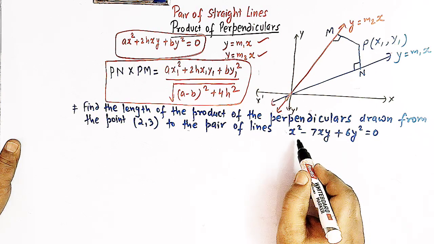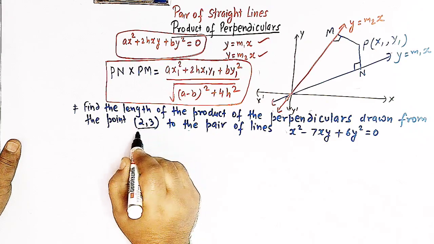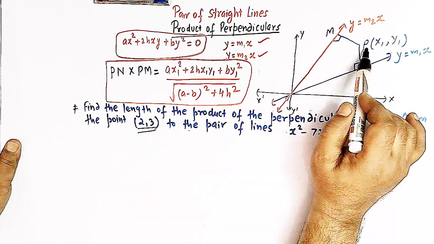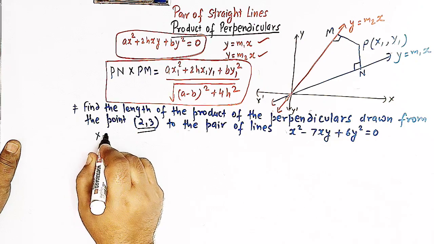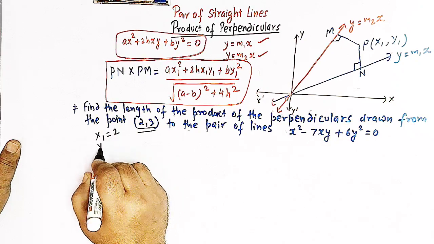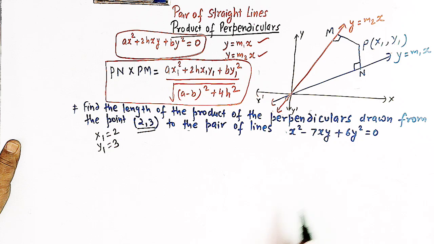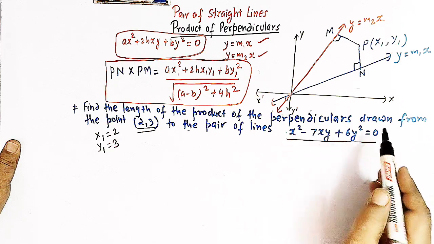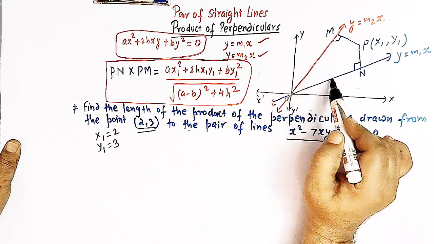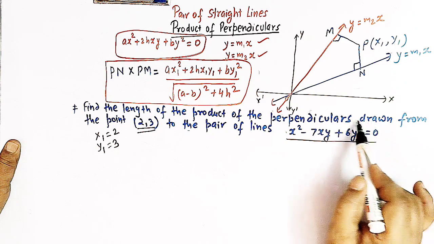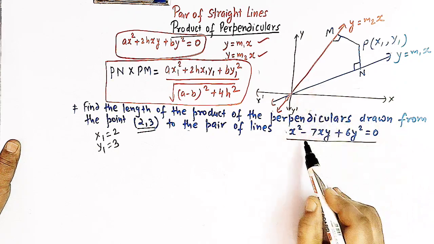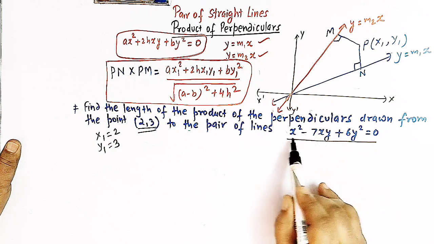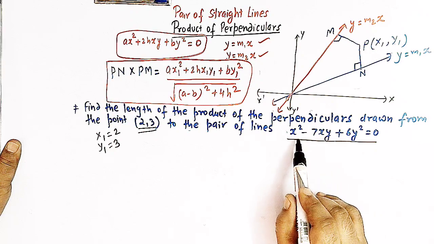Here we are given this point (2, 3), which is our point P, x1 y1. So we have x1 is equal to 2, y1 is equal to 3. And the combined equation of these two lines is given by this second degree homogeneous equation.